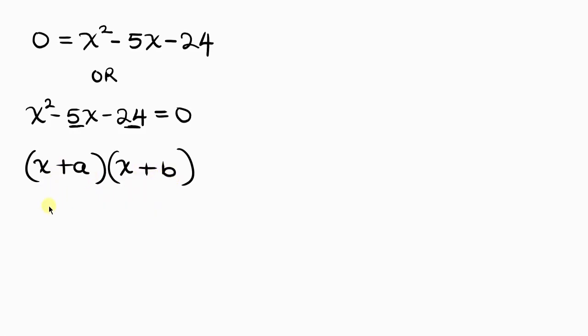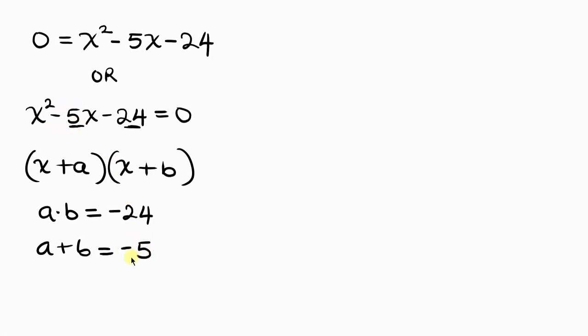The first condition is that their multiplication, A times B, results in negative 24, which is this item here. And their addition, A plus B, results in negative 5, this item here.